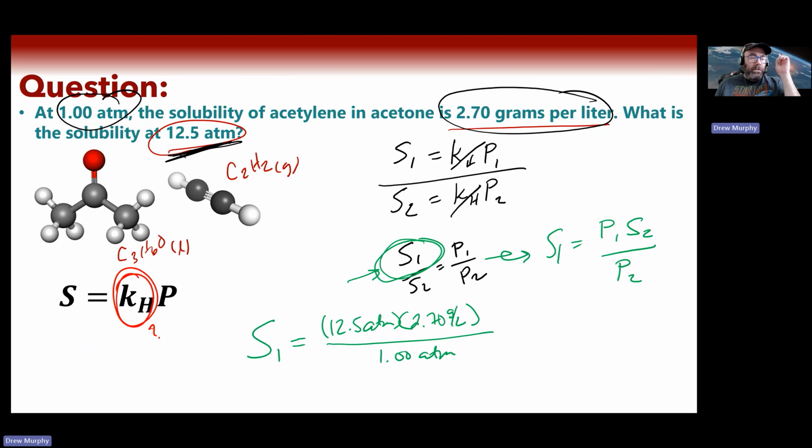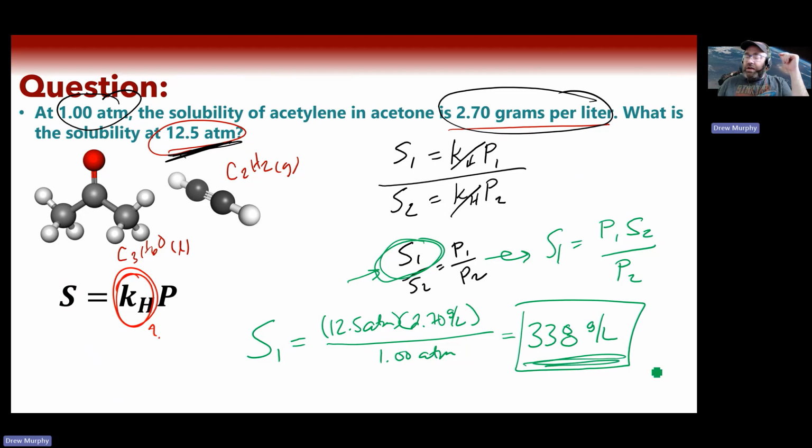All right. That's not too terrible, right? So this ends up being 12.5 times 2.7 divided by 1. Atmospheres cancel out, and for three significant figures, we're left with 338 grams per liter is our solubility of acetylene and acetone at 12.5 atmospheres.